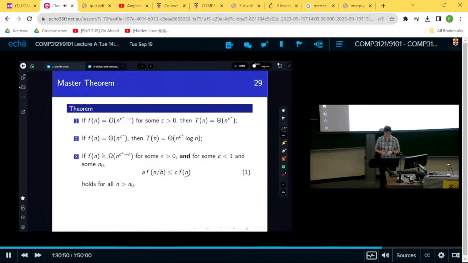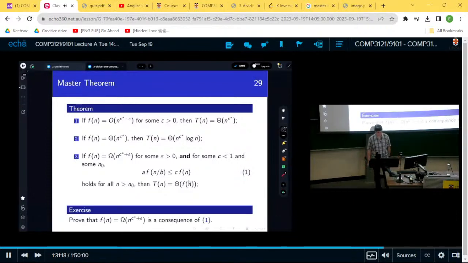And if f(n) is large, and the top level is what dominates the running time, then the running time will be theta of f(n). There's a little exercise here: prove that f(n) being big omega of n to the power c star plus epsilon is a consequence of this condition here.